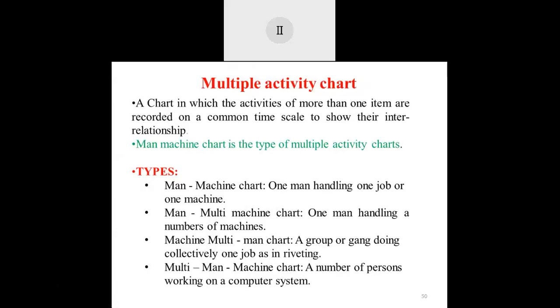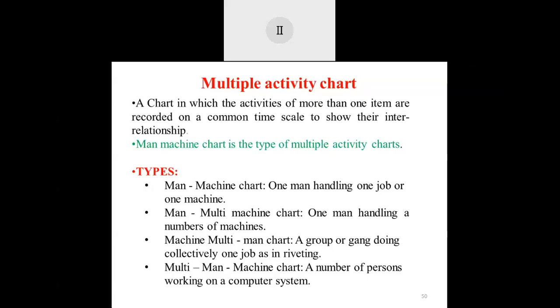Before, we checked different types of chart, and in those charts we saw activities by the machine, by the equipment, or by the operator. But in the multiple activity chart, both can be recorded. Means multiple activities.